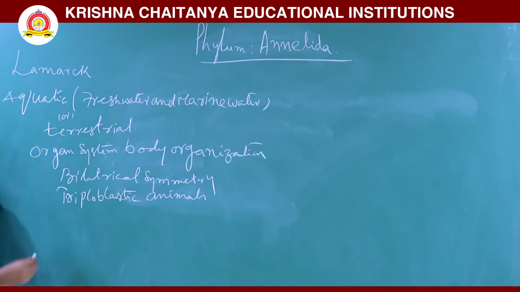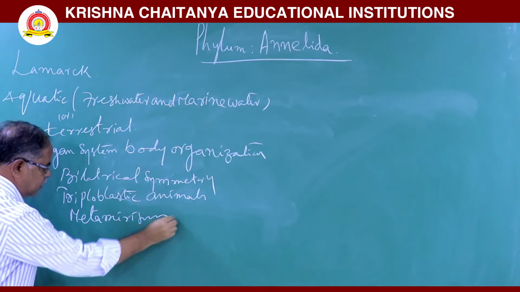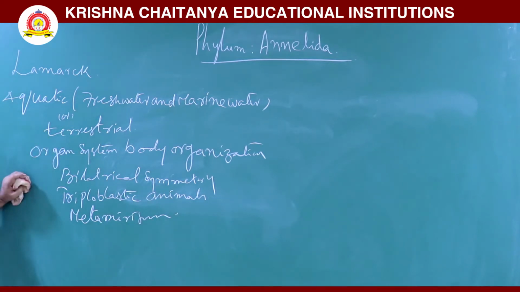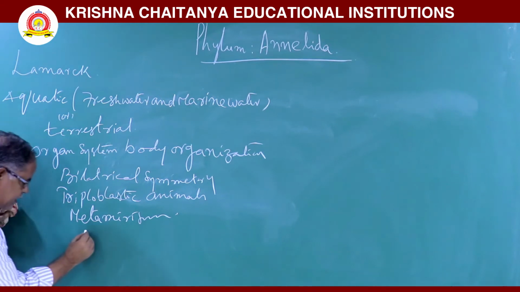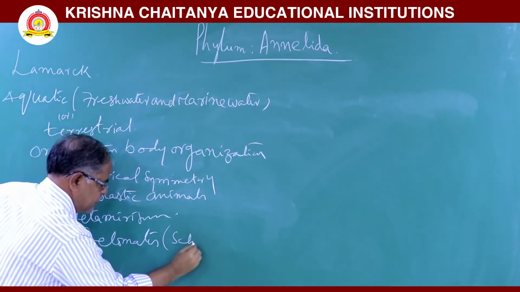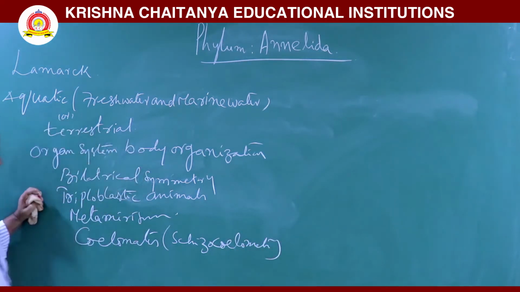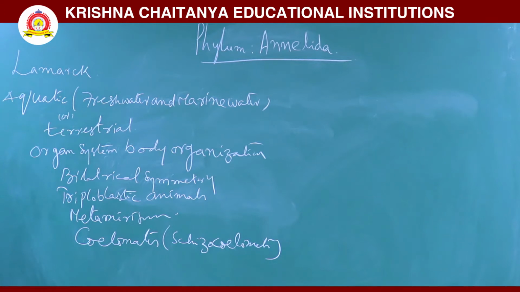Next, they show metamerism. Next, they are coelomates, that is, schizocoelomates. Annelids are the first coelomate animals.